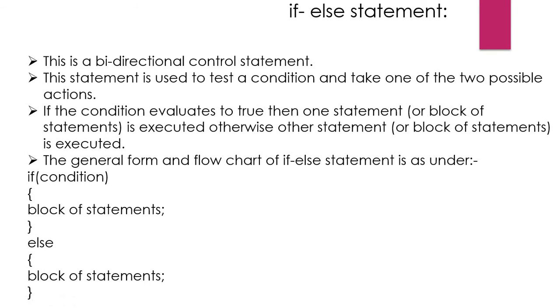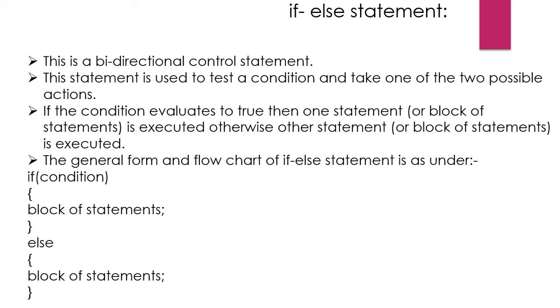Next, the if else statement. This is a bidirectional control statement. This statement is used to test the condition, and it will take one of the two possible statements for a particular action. If the condition evaluates to true, then one statement or block of statements is executed.